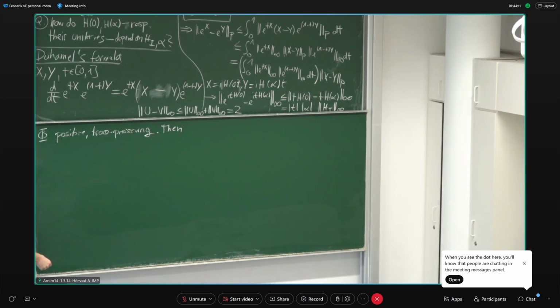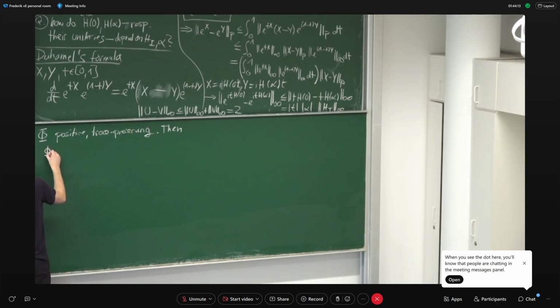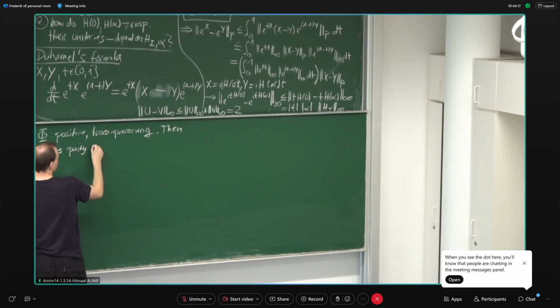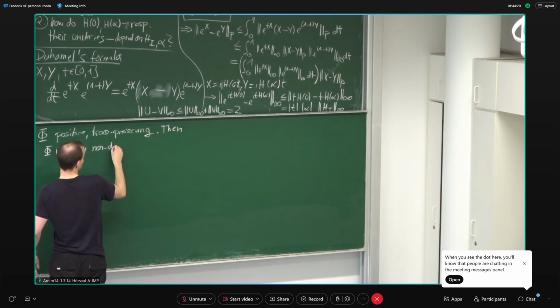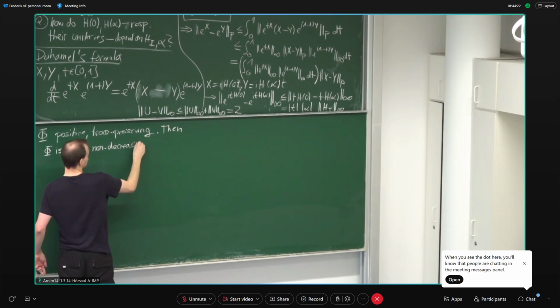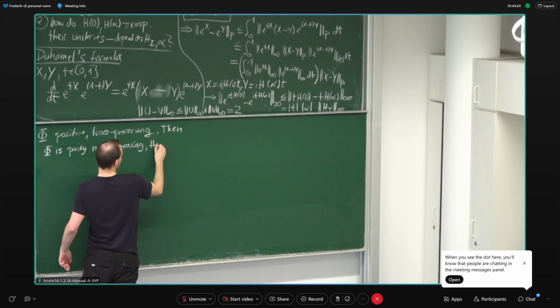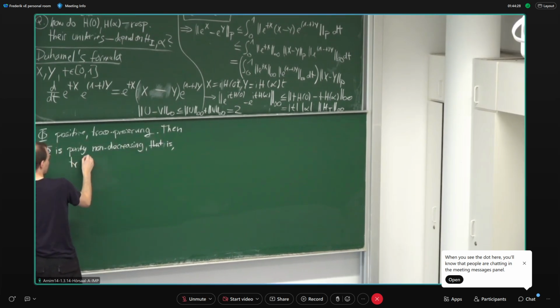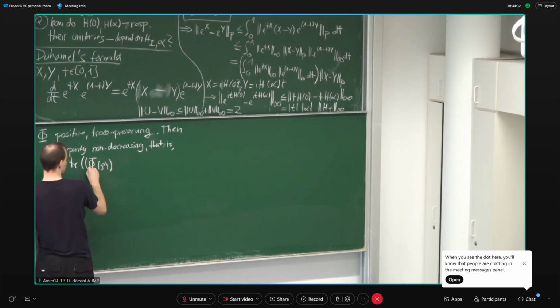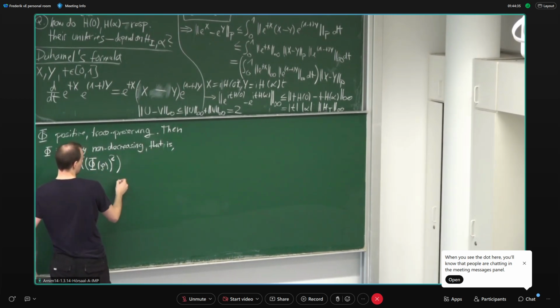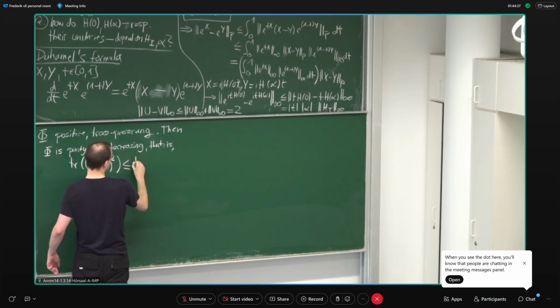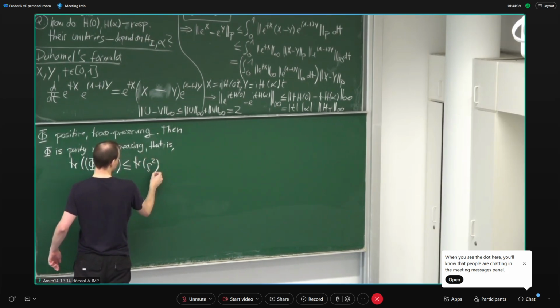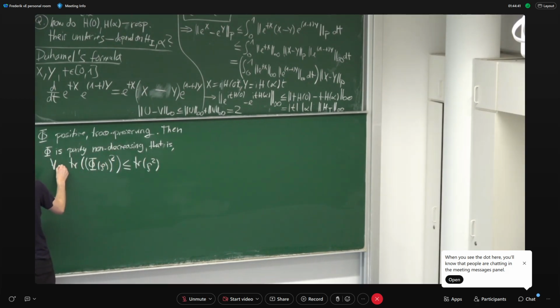And the following two things are equivalent. First, phi is purity non-increasing. That is, phi of rho, everything squared, does not exceed rho squared, for all rho.